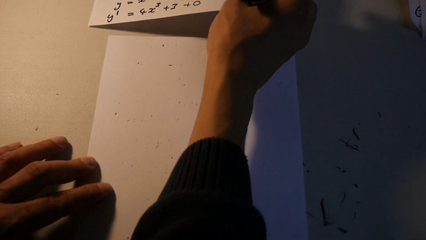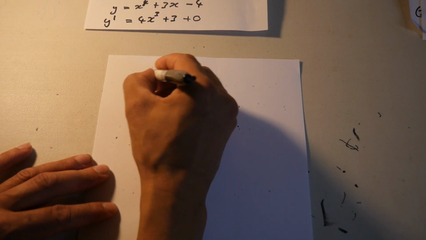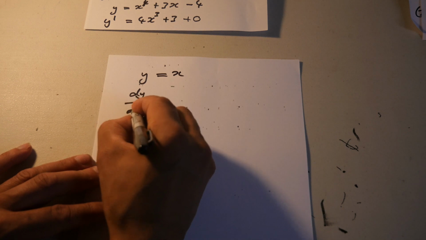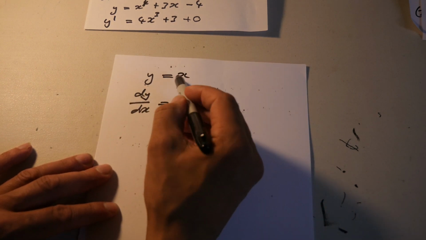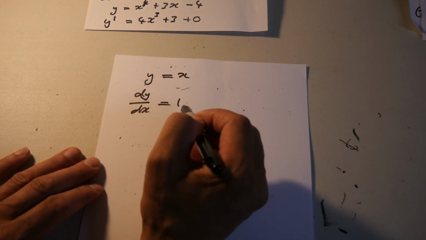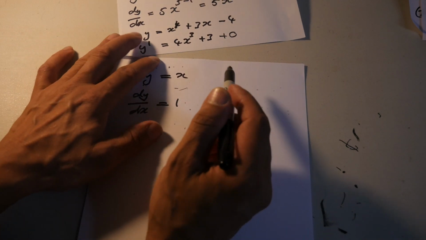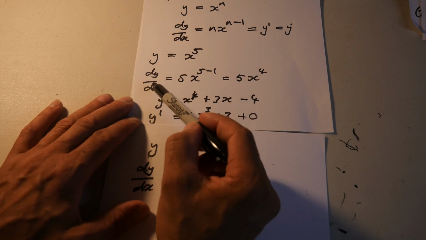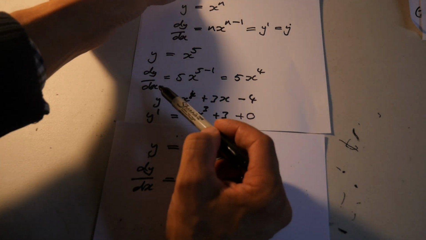That's because if y equals x, the derivative of x is 1, because the symbol for differentiation is dy by dx, which is with respect to change in x.